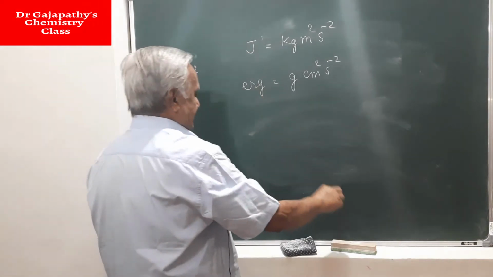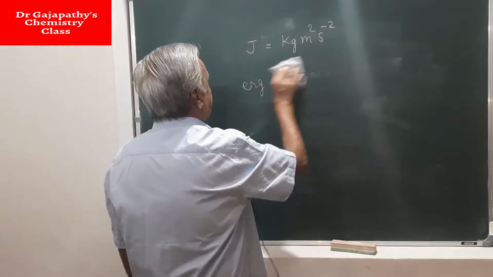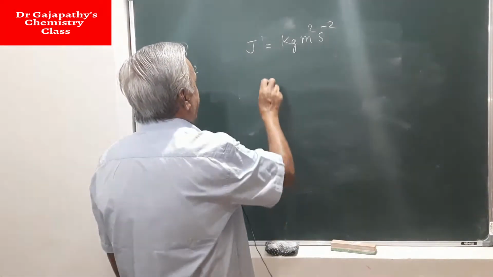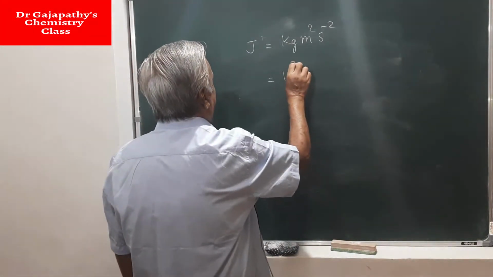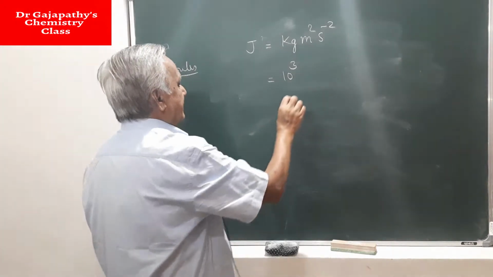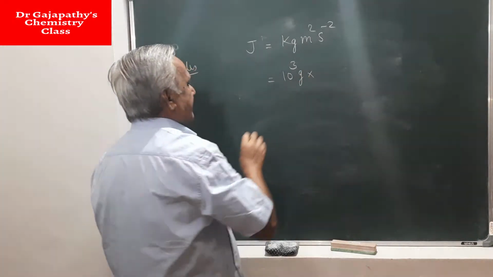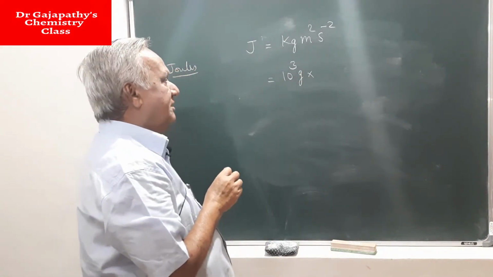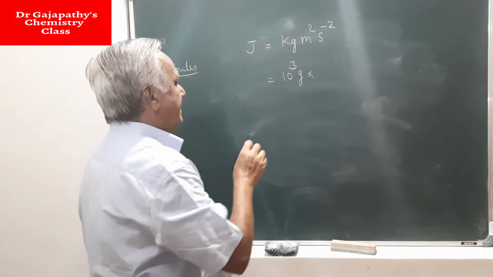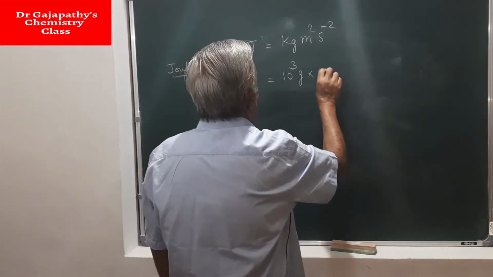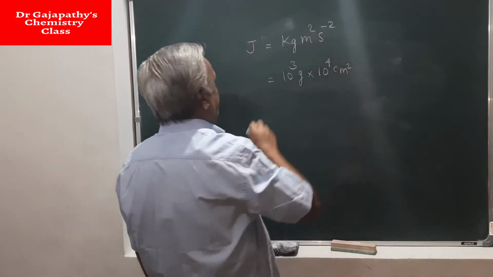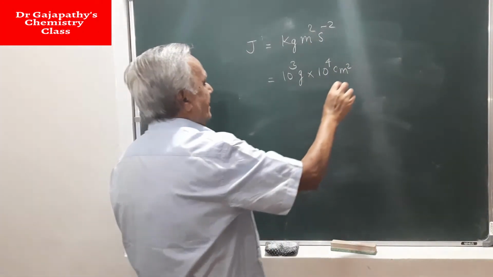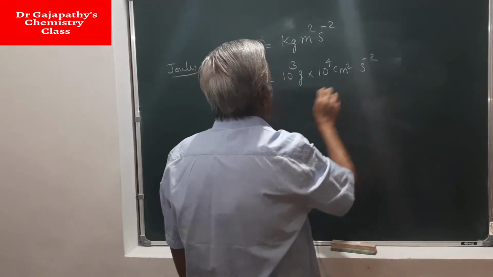A kilogram is 10 power 3 grams. And the relation between meter square and centimeter square is 10 power 4 centimeter square is a meter square, into second minus 2.